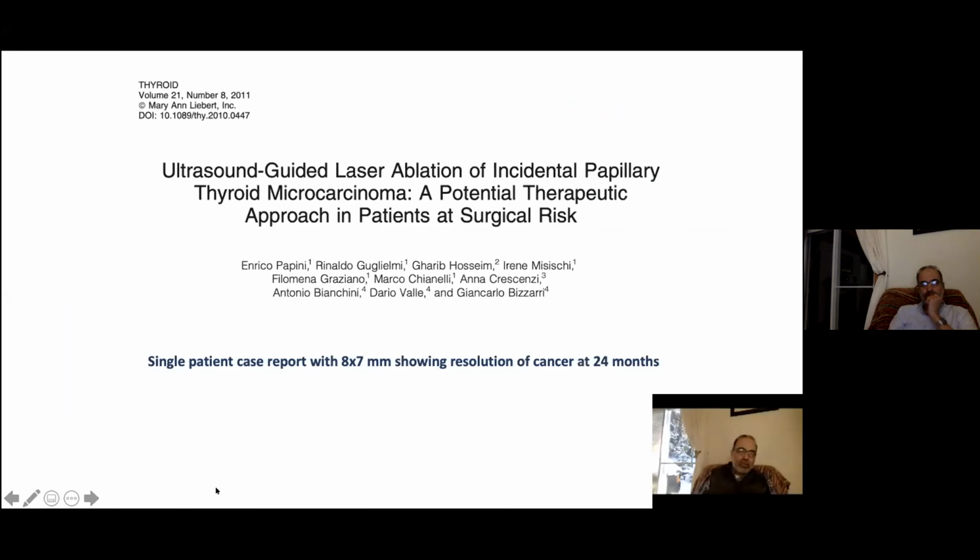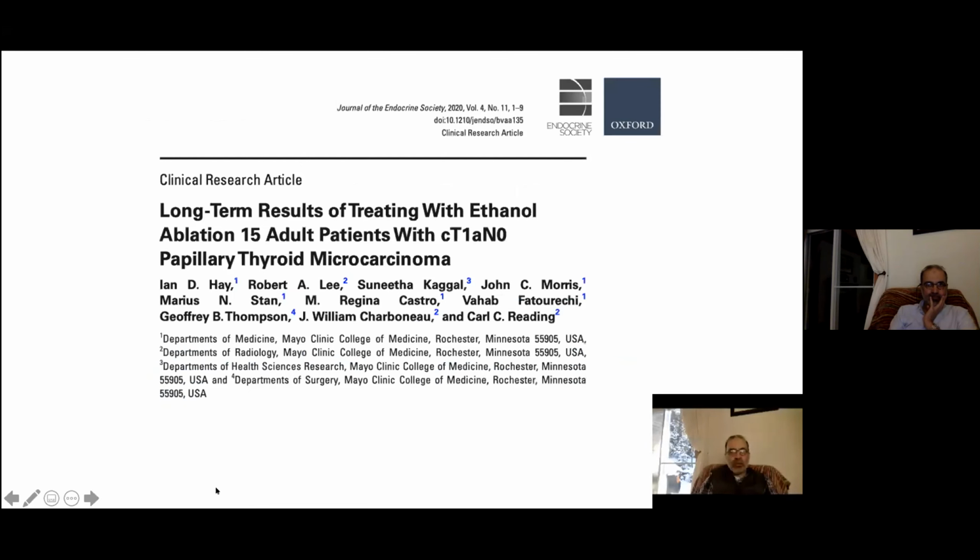Laser ablation has been used by some centers. I'm just going to show you this particular study where they treated a patient who had 8 millimeter papillary thyroid cancer with laser ablation, and this patient did very well.